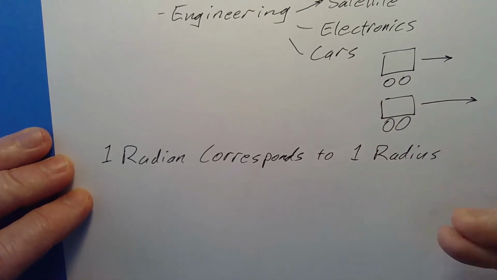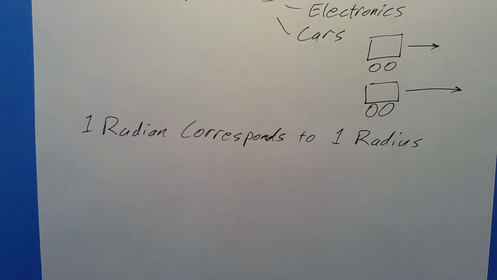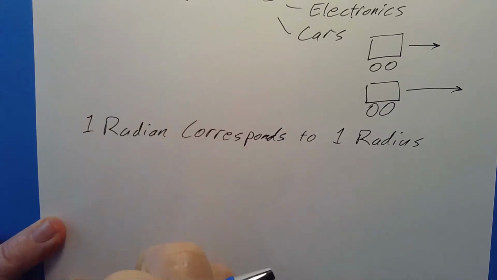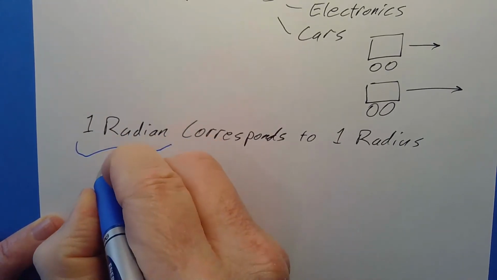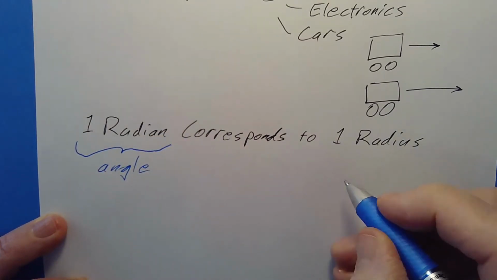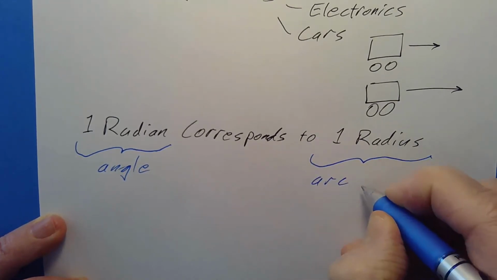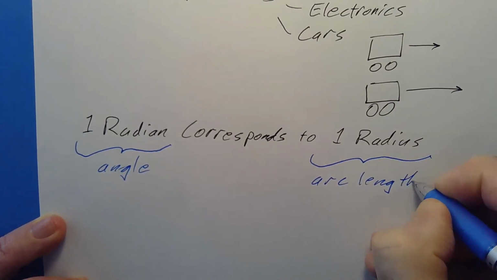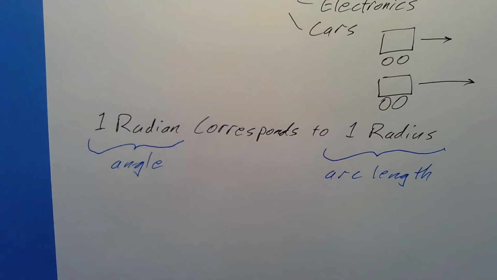Okay, now let me elaborate on what I mean by that. By radian, what I mean is the angle measurement. So the angle corresponding to one radian corresponds to an arc length of one radius.